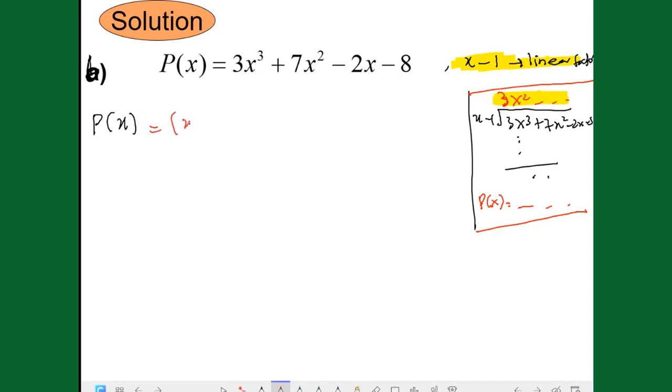Yang ini one of a factor. Confirm. Tak payah fikir lagi. So now, kalau let's say, kalau ini linear factor, yang dalamnya agak-agak jenis apa? So that kita akan dapat cubic. Dalam ni pattern apa ni? Poly apa jenis apa? Linear ke, kuadratik ke, cubic ke, quartic ke, quintic ke apa? Dalamnya agak-agak.